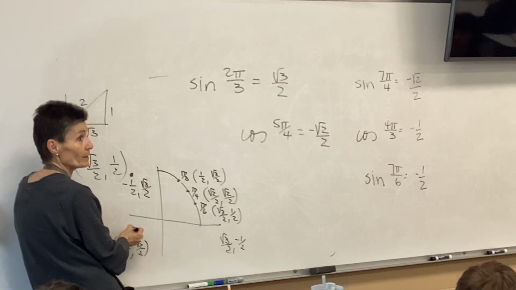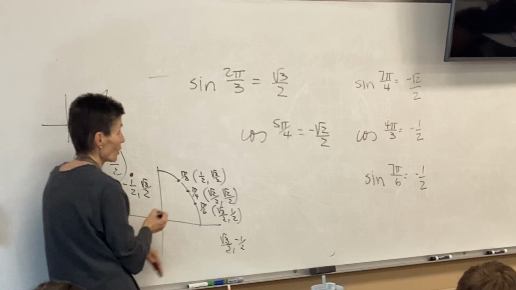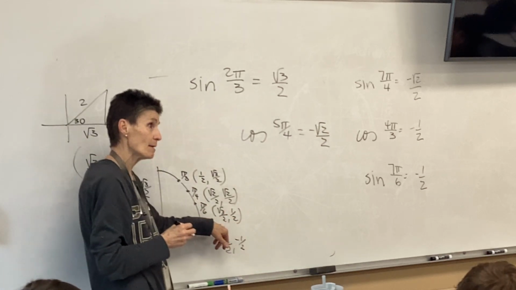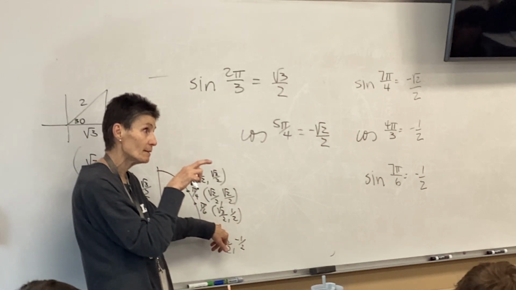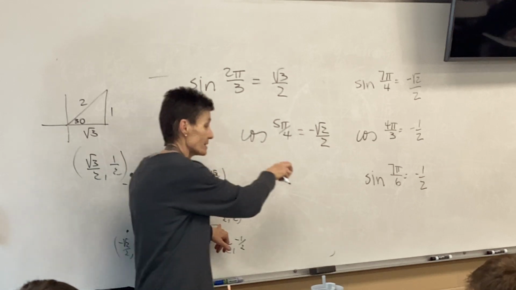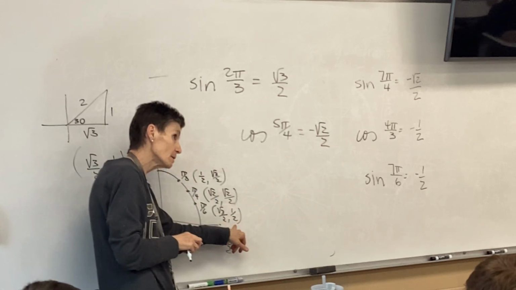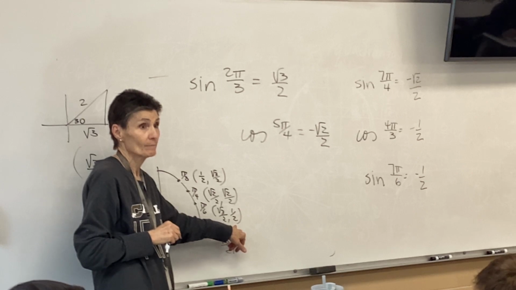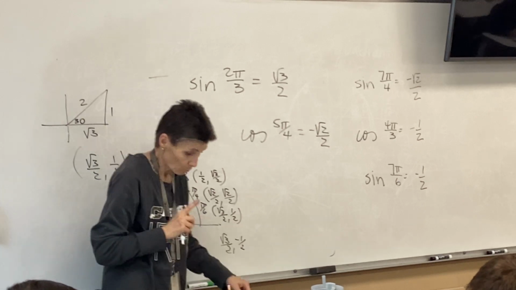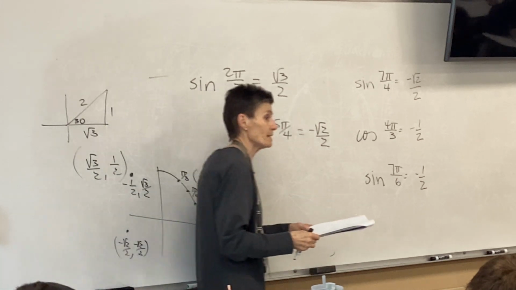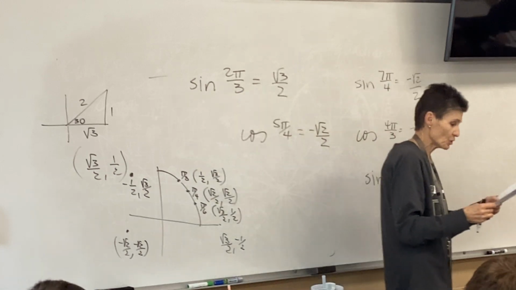Down here in quadrant 3. So it's going to have exactly the same numbers, but they're both going to be negative, and sine is y. I think he's right, negative 1/2. He is right.